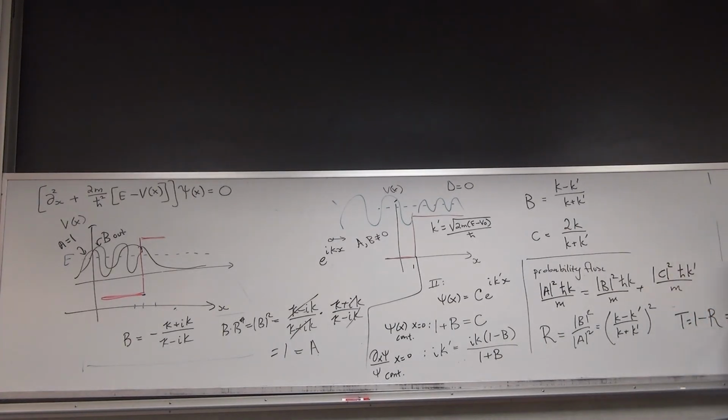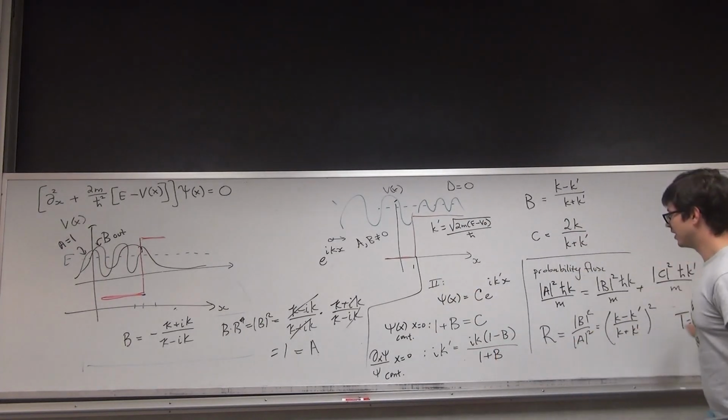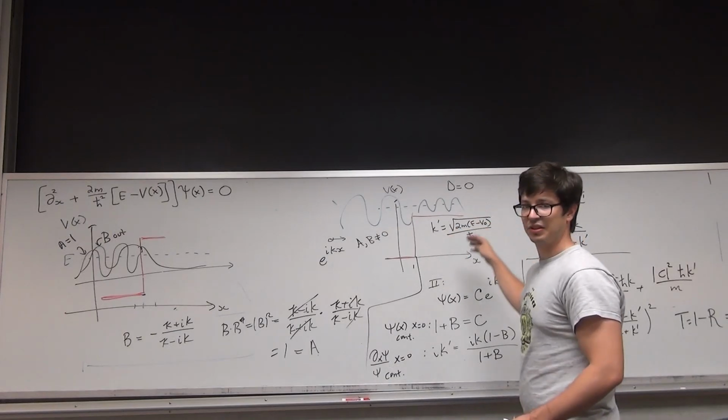But it's also equal to the transmitted part divided by this flux. And that is c squared k prime over a squared k. And this is why it's important to think about this probability current, because that's the one that ensures conservation of probability when you do this kind of physical analysis.